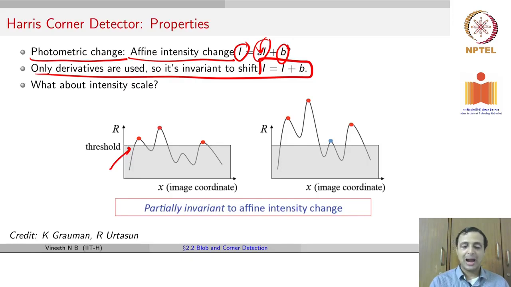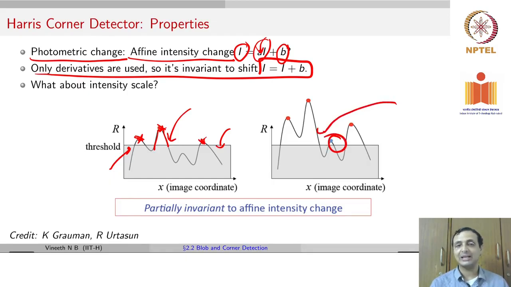If you had a particular curve, any function for that matter, and you had a certain threshold, all these points which have a certain value, remember that the points closer to that would get suppressed due to non-max suppression. So you'll only have the peak in all of these points. So those peaks would get detected. But if you now scale the curve, there could be newer points that get added. Right? If you scale it up in a different way, there could be newer points that get added. So which means it's perhaps invariant to translation, but not necessarily invariant to scaling the intensity.